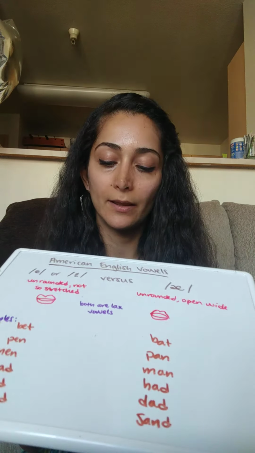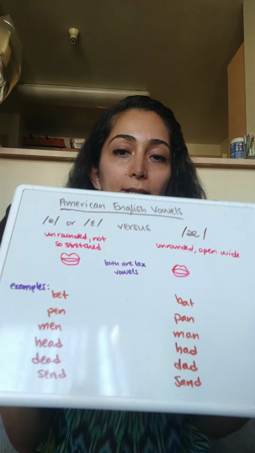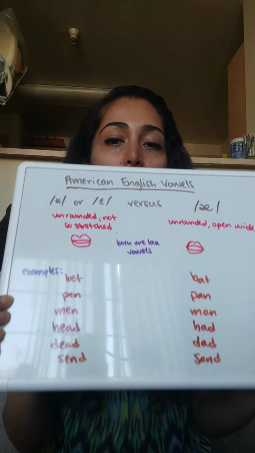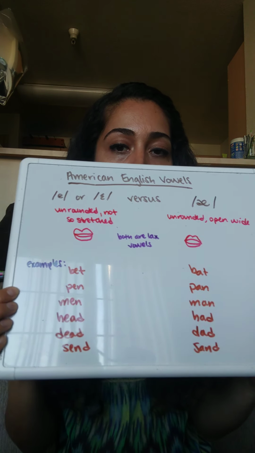You see the corners of my mouth go up a bit. The second sound is ah. Now, the corners aren't moving, but my jaw is. So you see my mouth opening. Ah. Eh. Ah.